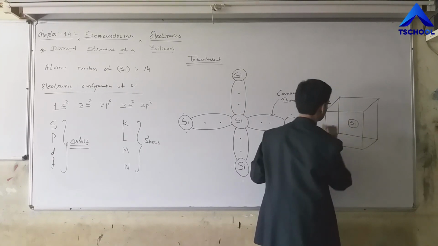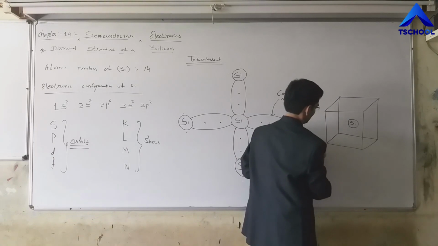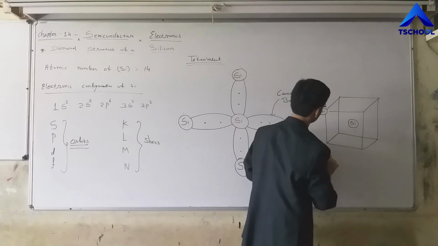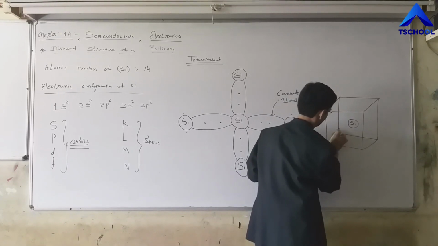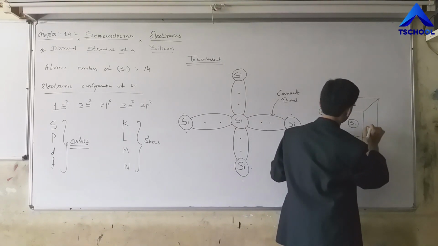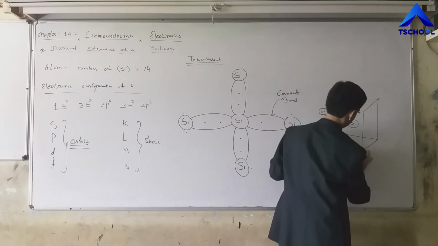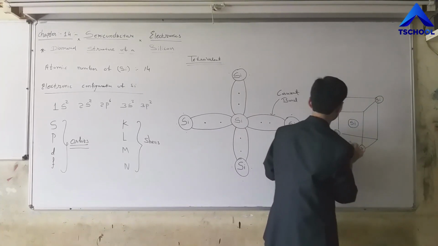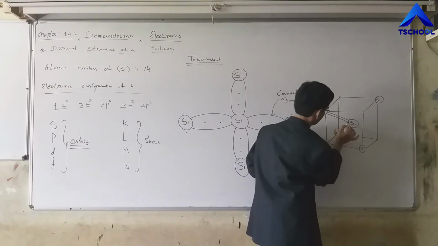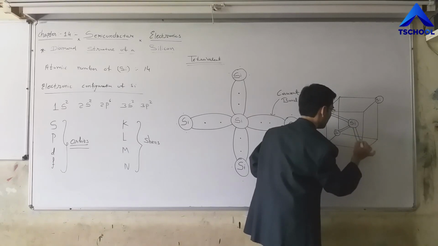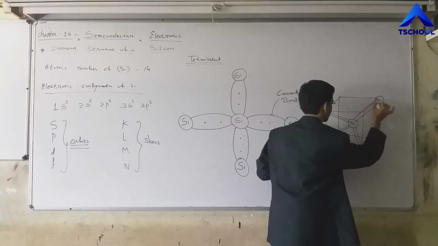Silicon atoms, each sharing one electron, form covalent bonds.